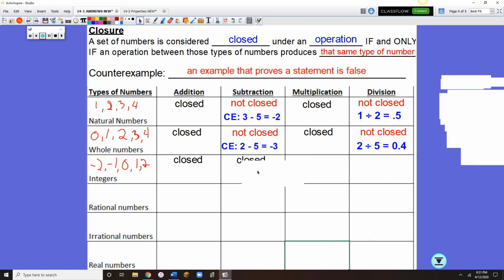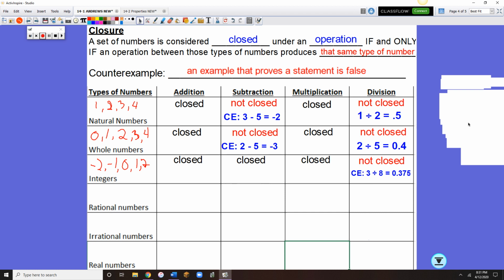If you subtract, now see where we had a problem with natural and whole numbers, we could get negative answers. Well, since integers can be negative, that's not a problem anymore, so it's closed. Multiplication is also closed, but division, we can still get decimals with division. 3 divided by 8, 3 and 8 are integers, and if I divide them, I get decimals, so that's not closed.